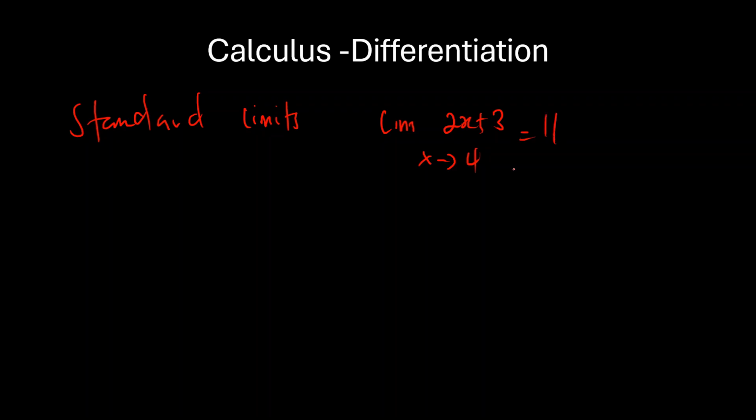Now I want to talk about standard limits. You realize that when we wanted to find the limit of the function 2x plus 3 as x approaches 4, we plugged in values that tend to be closer to 4 from both left and right hand side to obtain its limit to be equal to 11.